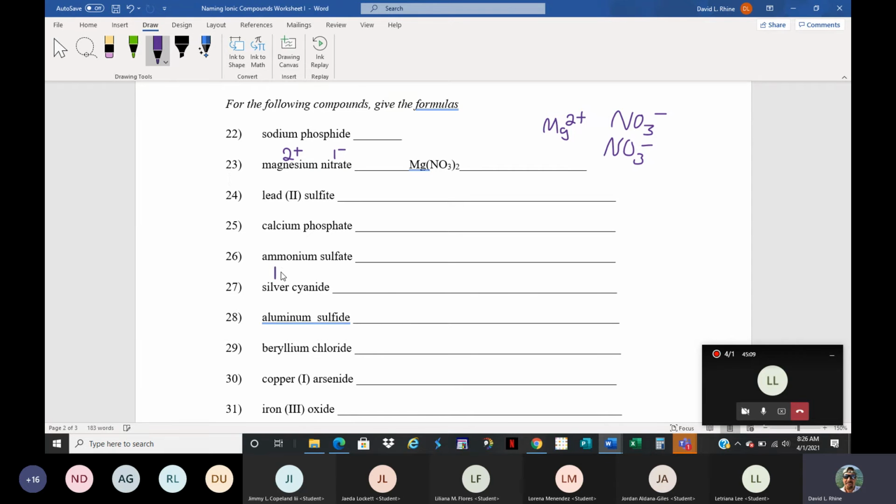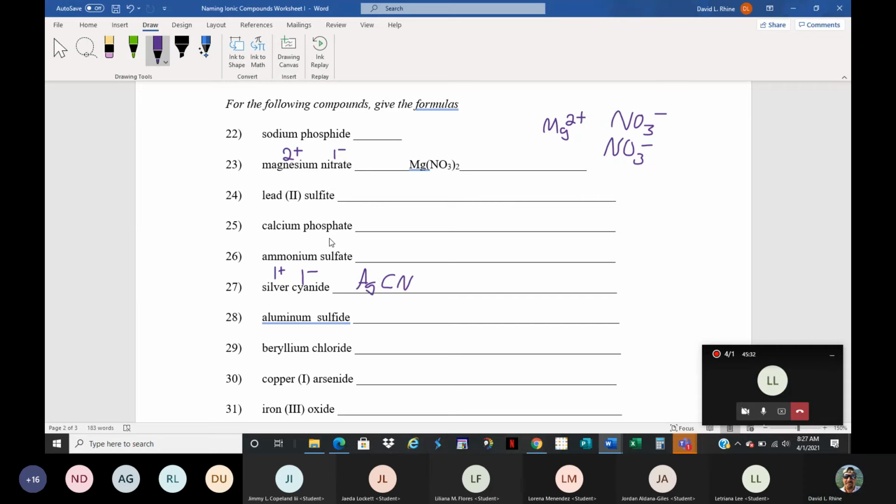Silver is a 1 plus, cyanide's a 1 minus. So we don't need parentheses. That's just AgCN. The other thing students do is they'll put parentheses around the CN because they're not quite sure when or when not to use the parentheses.